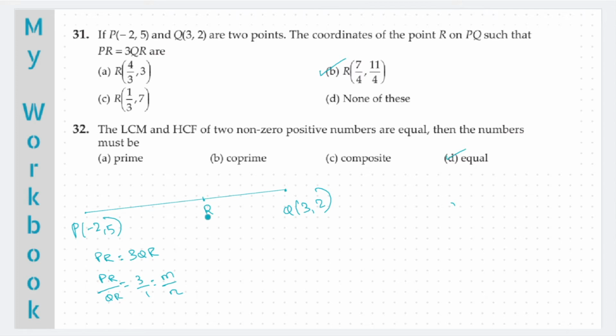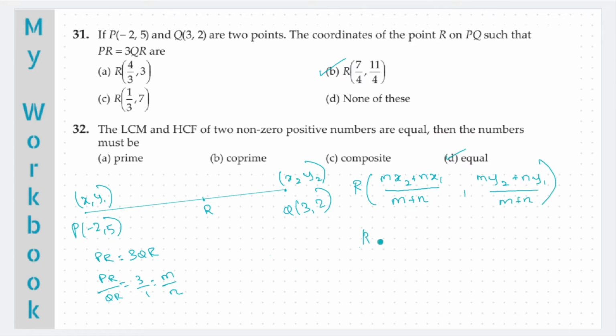We need to find the coordinates of this point. We generally consider the first point as x1, y1 and second point as x2, y2. So the formula for the coordinates is mx2 plus nx1 divided by m plus n, and y coordinate is my2 plus ny1 by m plus n.